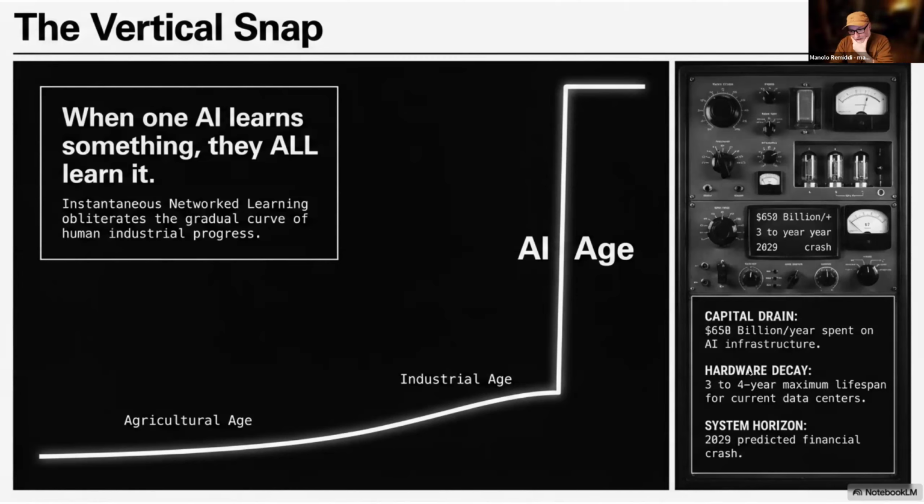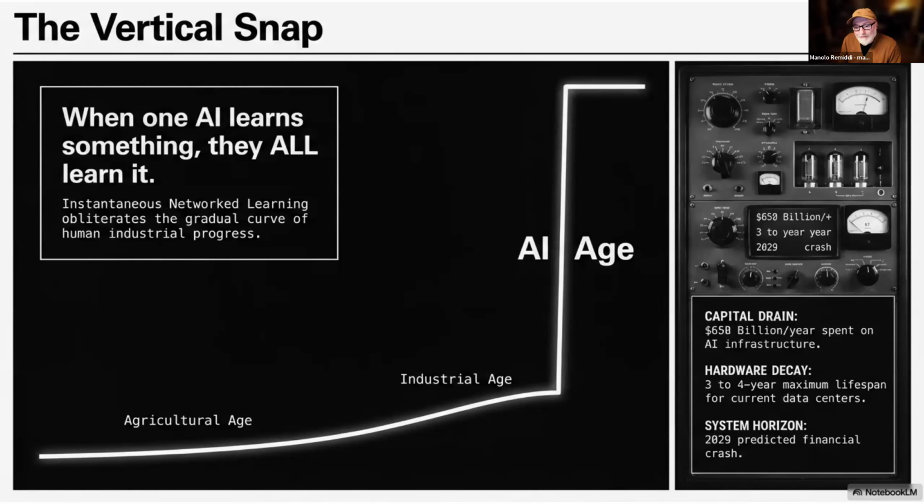On this side of the slide, we see that billions are being invested to build this infrastructure, and even though it costs billions, after three to four years it needs to be replaced. We still haven't reached those three to four years, so we don't know what will happen when replacement is needed. Will investment still be sufficient to replace those machines?